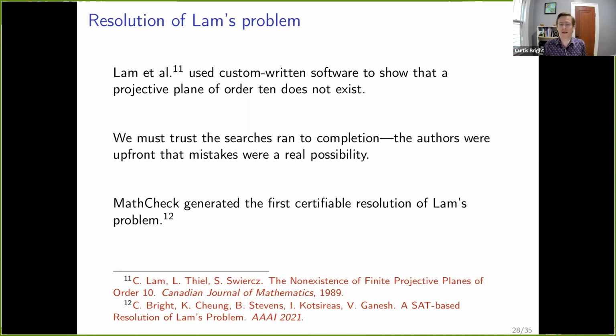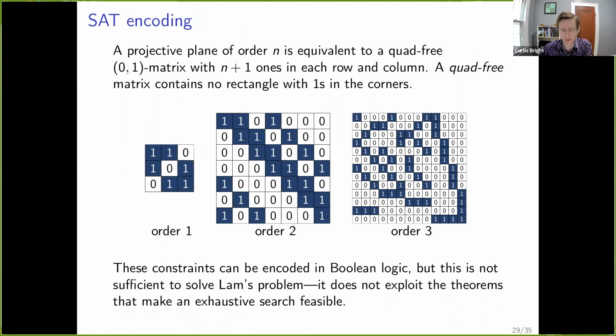SAT solvers do have bugs, but we're not trusting the SAT solver at the end of the day because we have the certificate, which is tested by a proof verifier. And the proof verifier is much simpler, right? It's just testing, does this line follow from this line, follow from this line, just like using the resolution rule. Okay, so that's where we're going. As I mentioned, we do have to trust the encoding. But it's actually not that difficult.